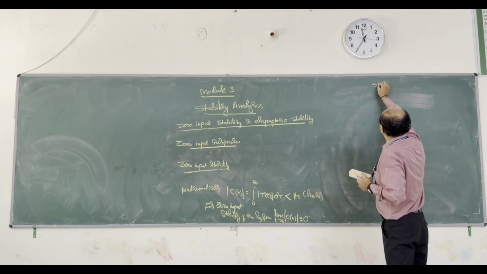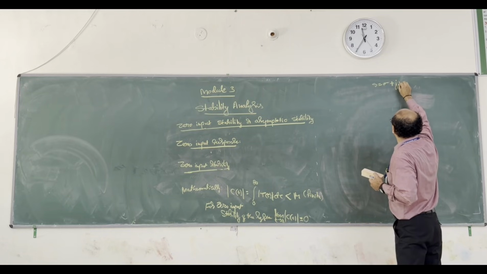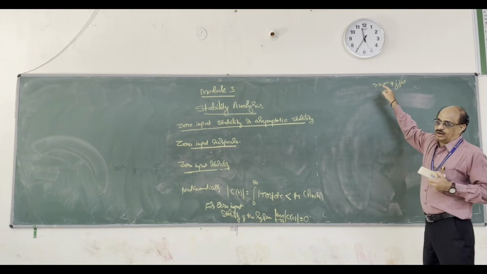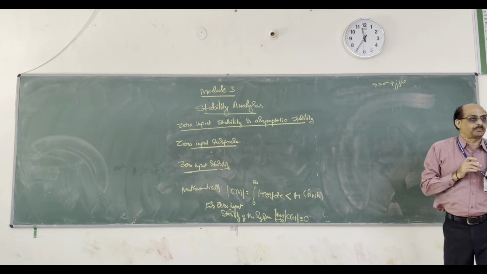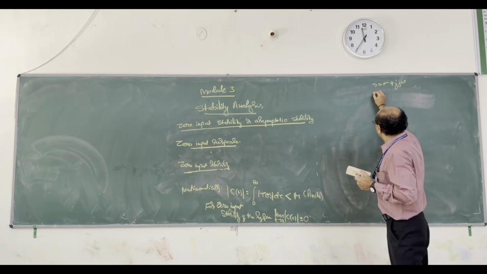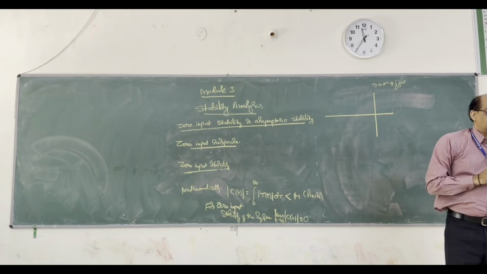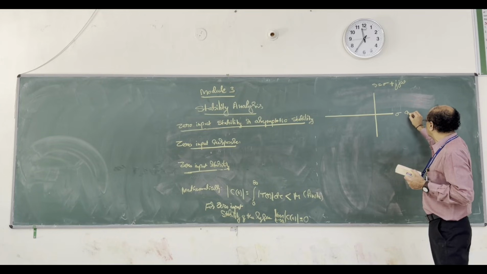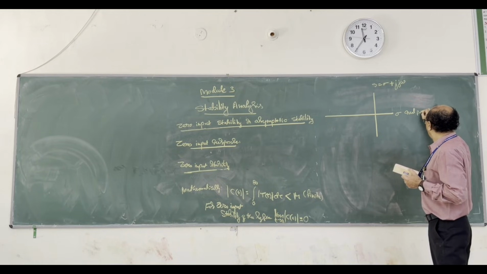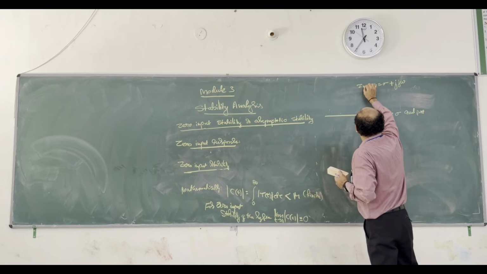Let us see what this is. S is a complex variable, a complex frequency, usually denoted by sigma plus j omega, where sigma is the real part and j omega is the imaginary part. So the S plane consists of that. It's a graph of the real part against the imaginary part.